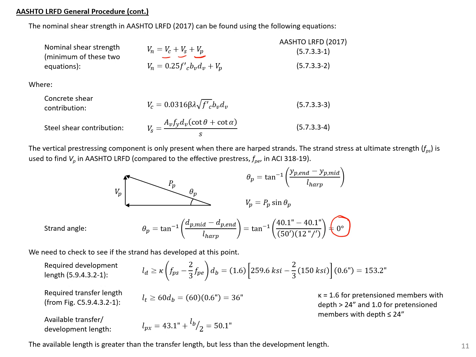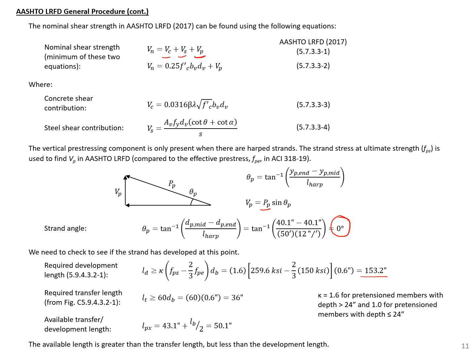But I'm going to go through and calculate our available strand development length compared to the required, so we can calculate our P sub p, or the force in the pre-stressing component. So for our required development length, we can use our AASHTO equation, and we'll find our required development length for our 6/10 inch diameter strands to be 153.2 inches.